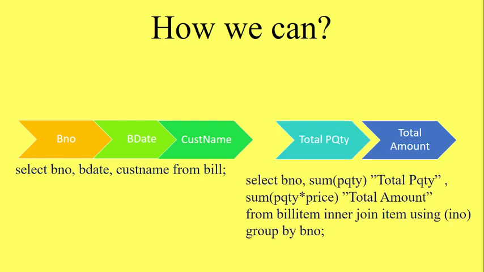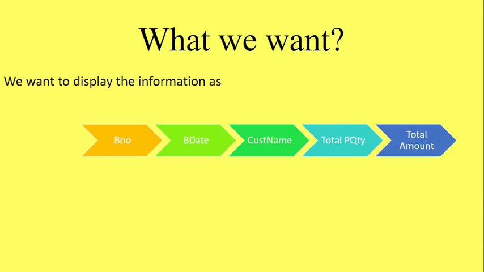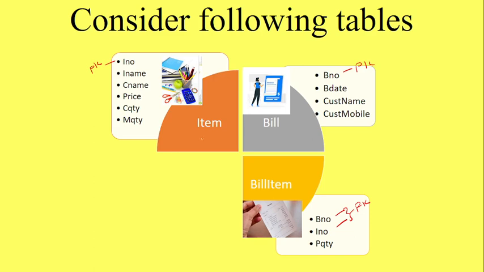Now, to get the purchase quantity and total amount, we have to combine two tables. Because we need total purchase quantity, we can get the sum of this, and to get the amount we have to take purchase quantity and price and multiply them to get the single amount, and for all the bill items we have to use the sum of this.